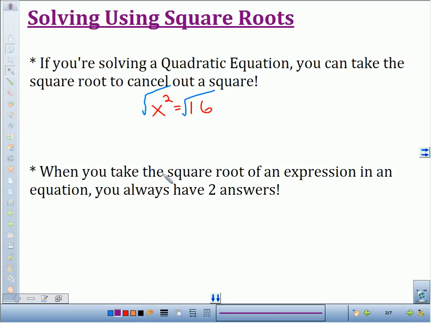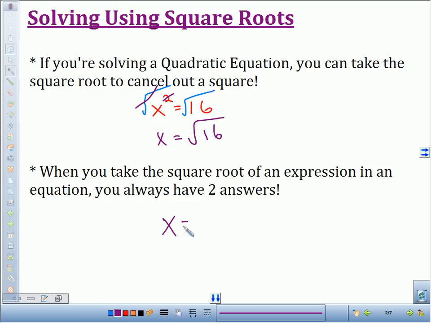And the magic happens because the square root of a squared term cancels each of those things out, and we would just be left with x. So x would equal the square root of 16. Now we know that the square root of 16 is 4, but when you take the square root of an expression in an equation, you always have two answers. I'll just carry this equation on down here.